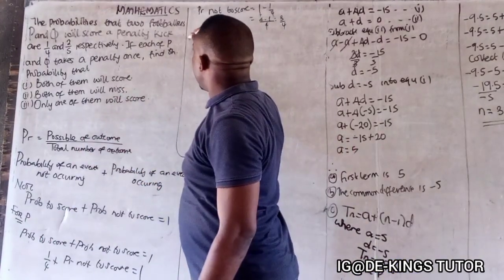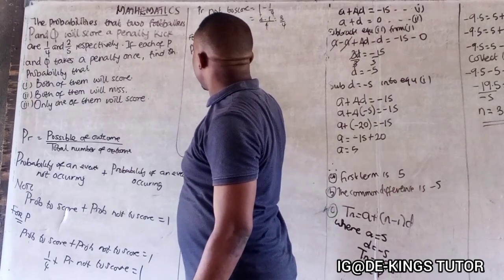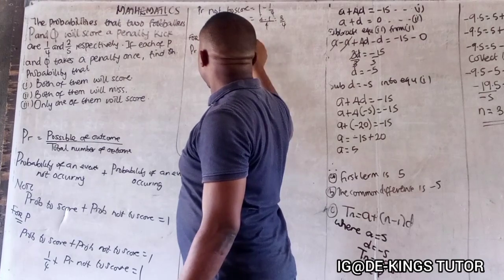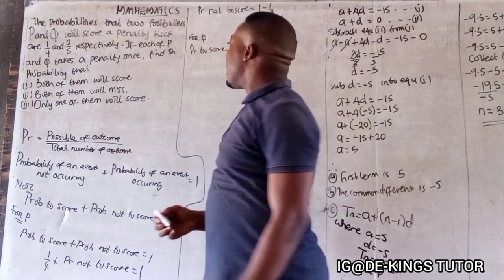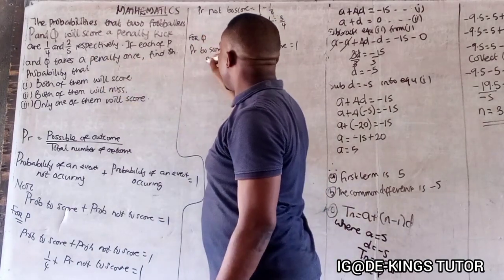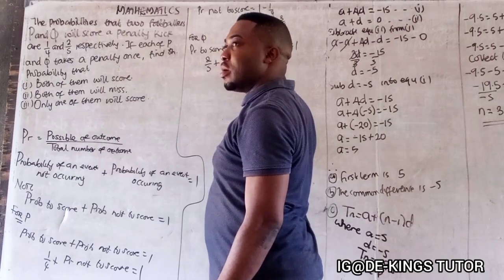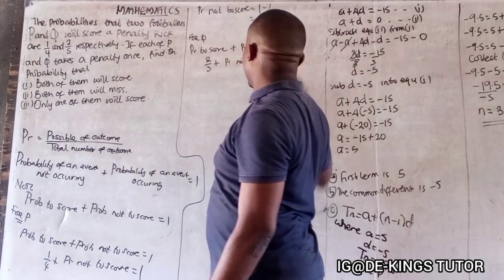And for Q, we do the same thing: probability to score plus probability not to score equals 1. For Q to score, the probability is 2 over 5. So 2 over 5 plus probability not to score equals 1.